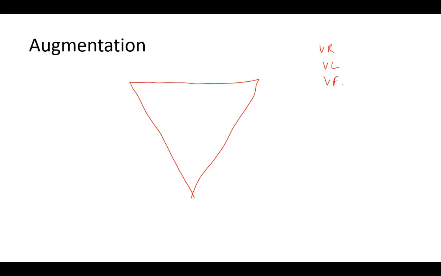So what is VR? Now we know that AVR, if this point is RA, this point is LA and this point is LF, you know that AVR is equal to RA minus LA plus LF by 2. This is the formula for AVR.